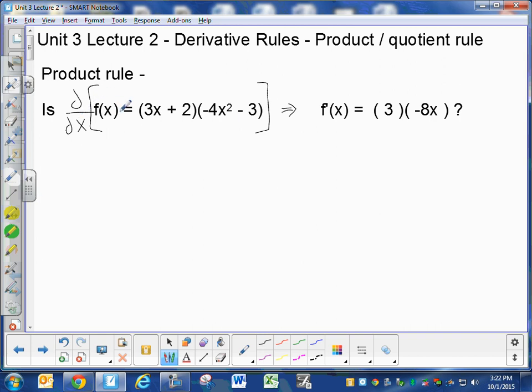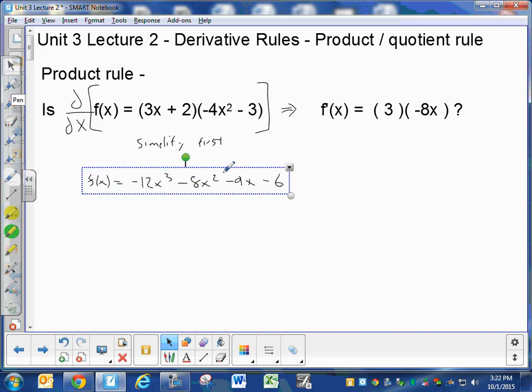If I took the derivative of this product, I can see if it's going to be equal to the derivative of the first part, which is just 3, times the derivative of the second part, which would be negative 8x. The way I could check that is to simplify first. Before I take my derivative, I'd get negative 12x cubed minus 8x squared minus 9x minus 6.